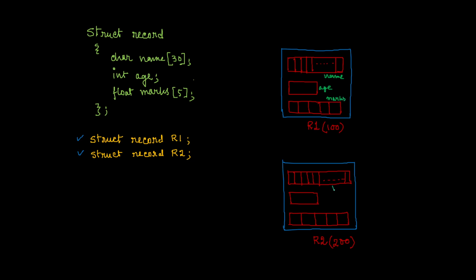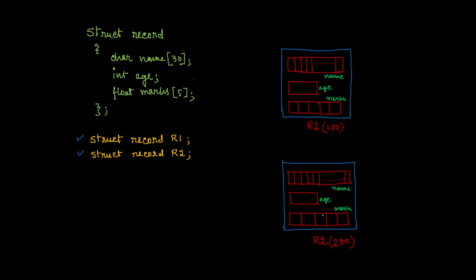Right, this is name, this is age, this is marks. Obviously the age of R1 and the age of R2 may not be the same, or may be the same. They are not related to each other at all.